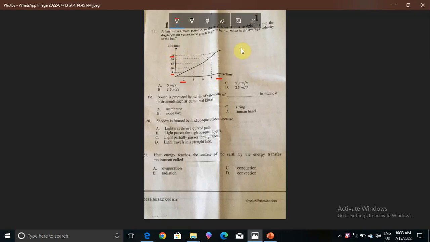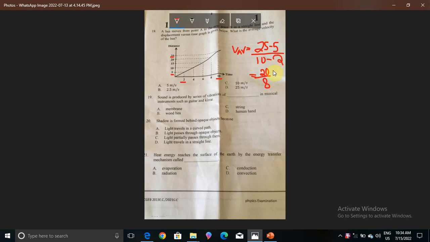So that means VAV is equal to 25 minus 5 over 10 minus 2. 10 minus 2, then the answer will be 20 over 8.